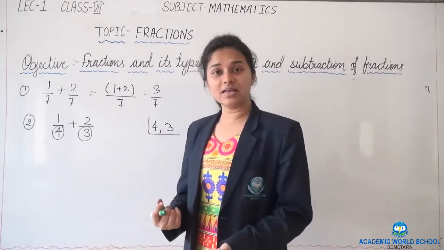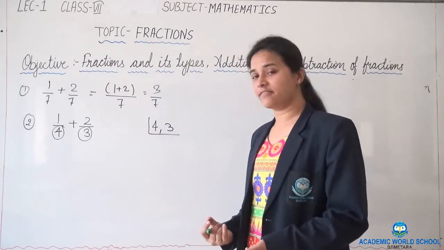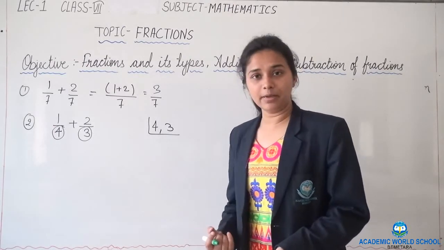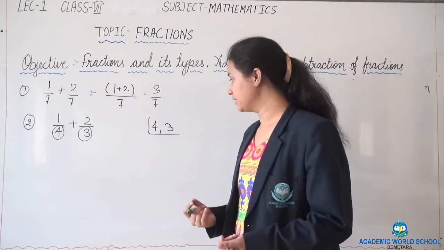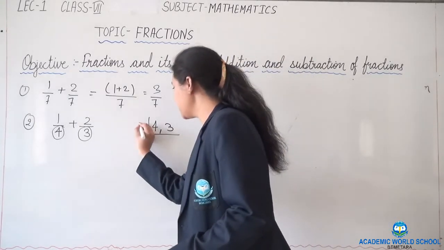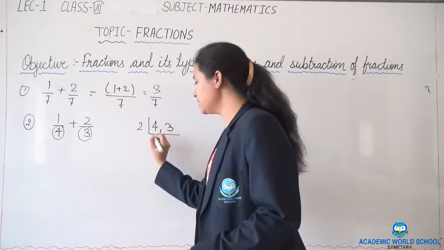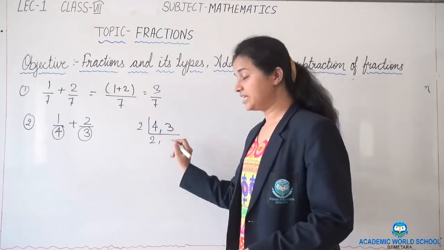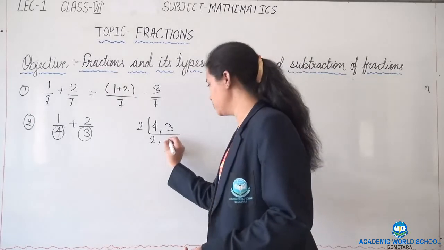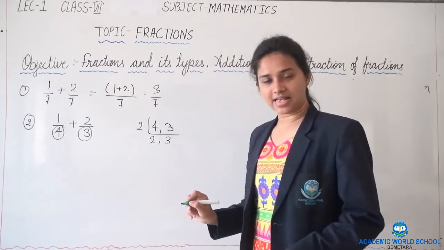Prime numbers are 2, 3, 5, 7, 11. All these are prime numbers since they do not have more than 2 factors. So the first prime number I am taking here is 2. 4 is divisible by 2, so 2 into 2, 4. 3 is not divisible by 2, so I write 3 as it is.